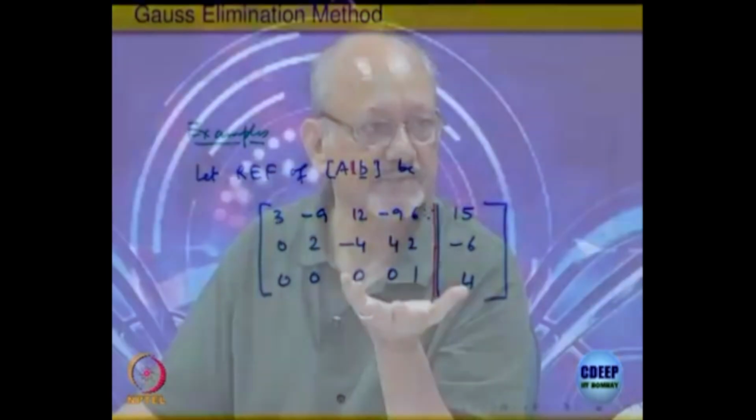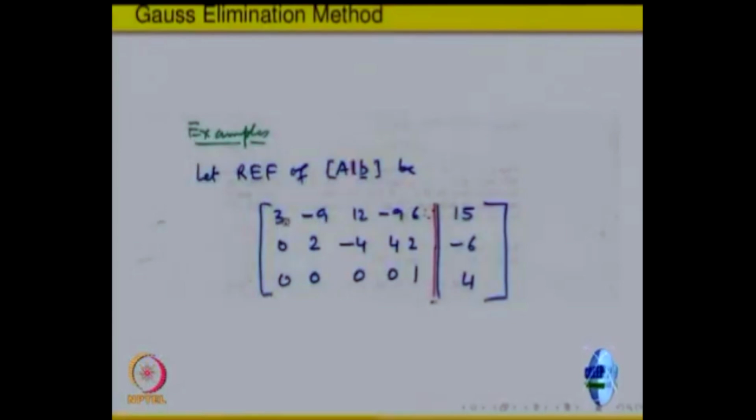x5 is already fixed. Now, for these values, you can put back in this equation, the top one. You will get a value of x1, which will be in terms of x3 and x4. It will involve those values of x3 and x4.